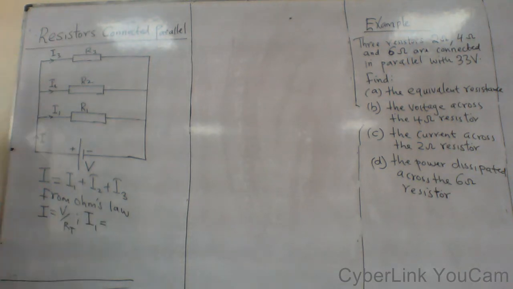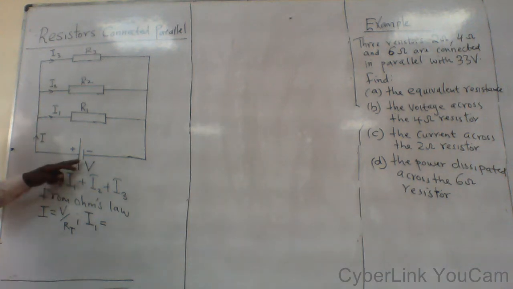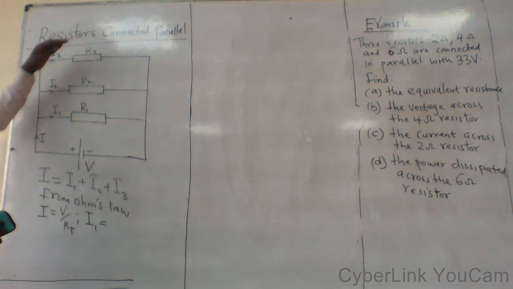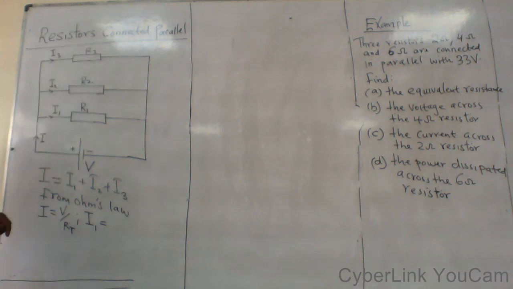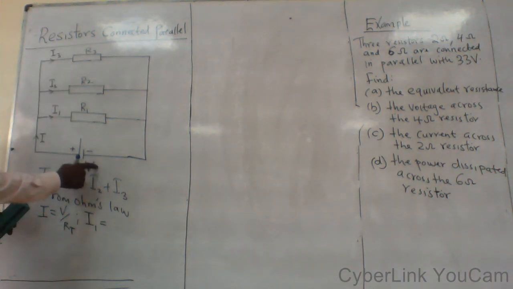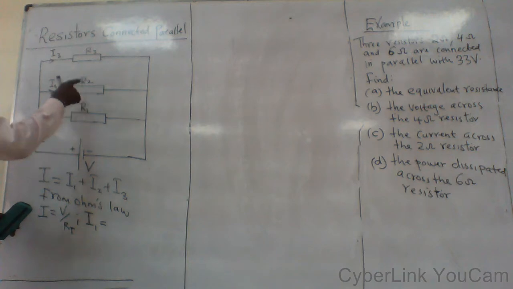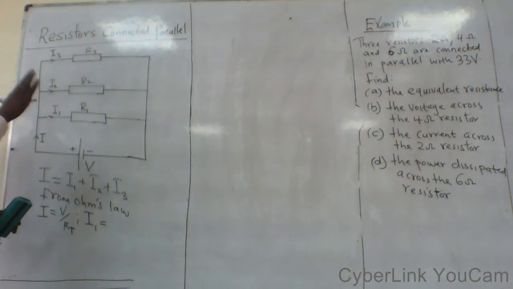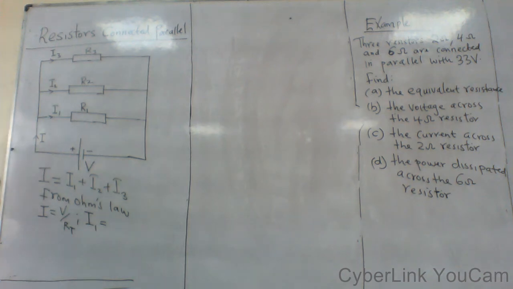Remember, in a parallel circuit, one very important feature you need to know is that the voltage is the same across the board, irrespective of the number of resistors, even if you have 10. So if this is 20 volts, 20 volts will be here, 20 volts here, 20 volts here, because in a parallel circuit, voltage is the same.